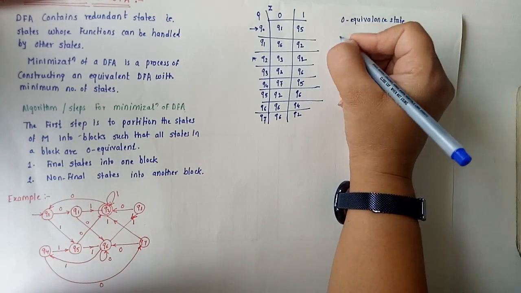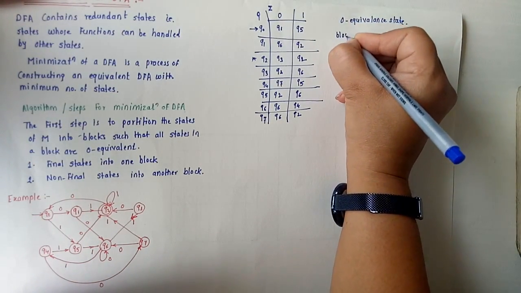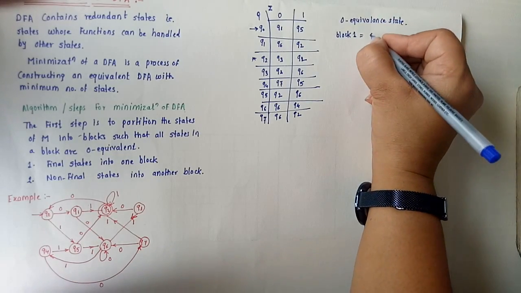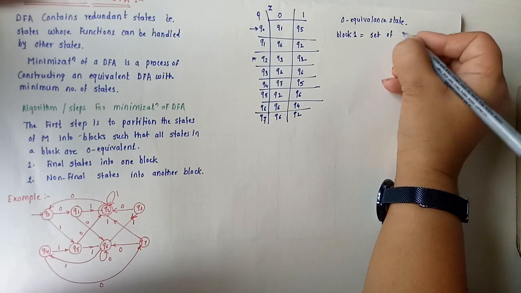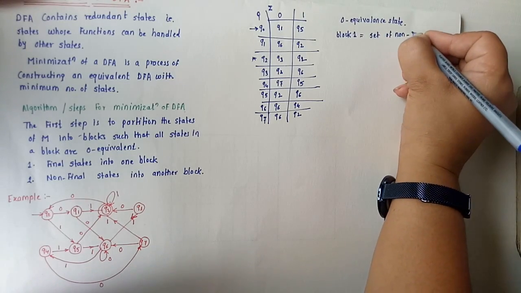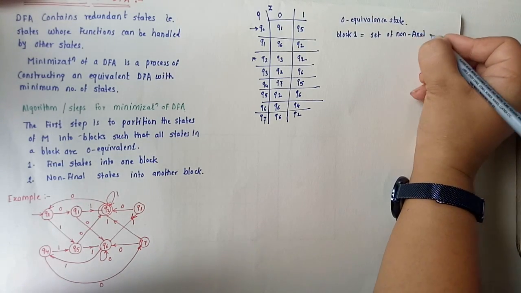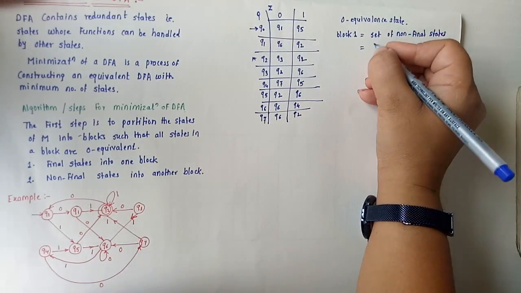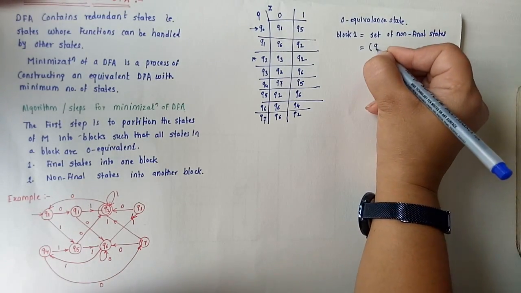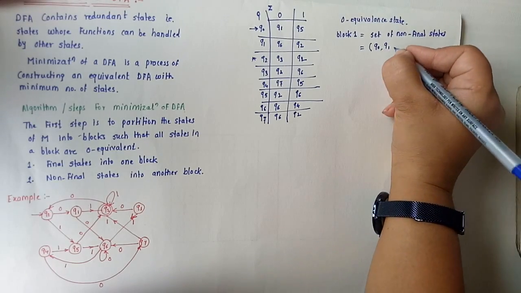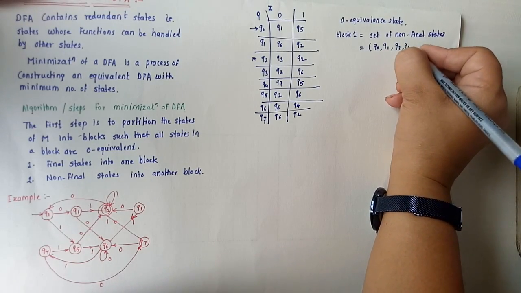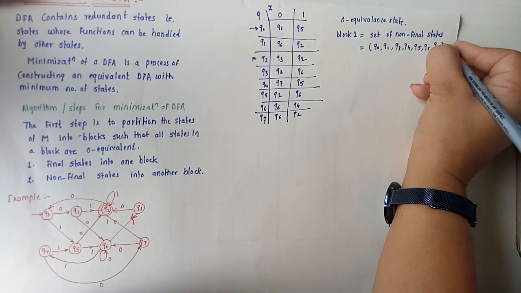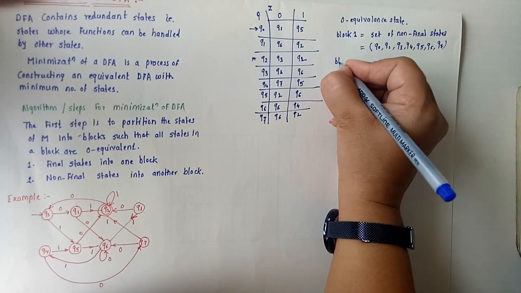Block 1 is the set of non-final states: q0, q1, q3, q4, q5, q6, q7.